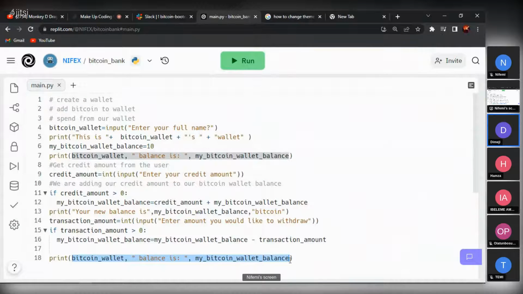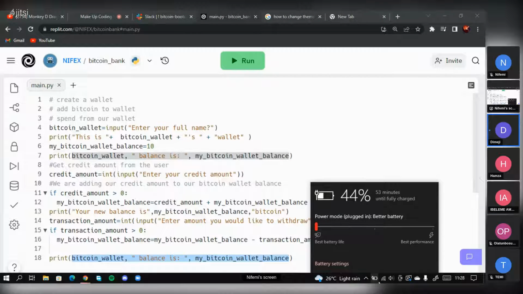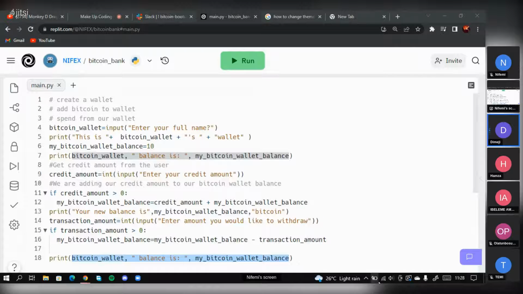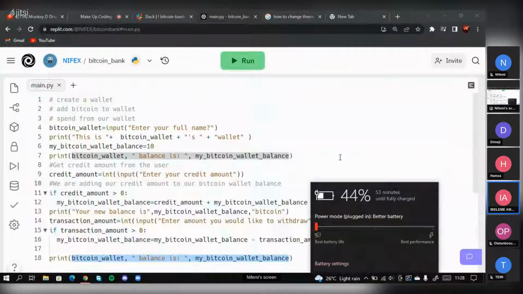Let's say the variable Bitcoin wallet is called Ibeleme. So what would it print? Ibeleme's balance. Do you understand? Good. Take it again. Ibeleme's balance is 160.